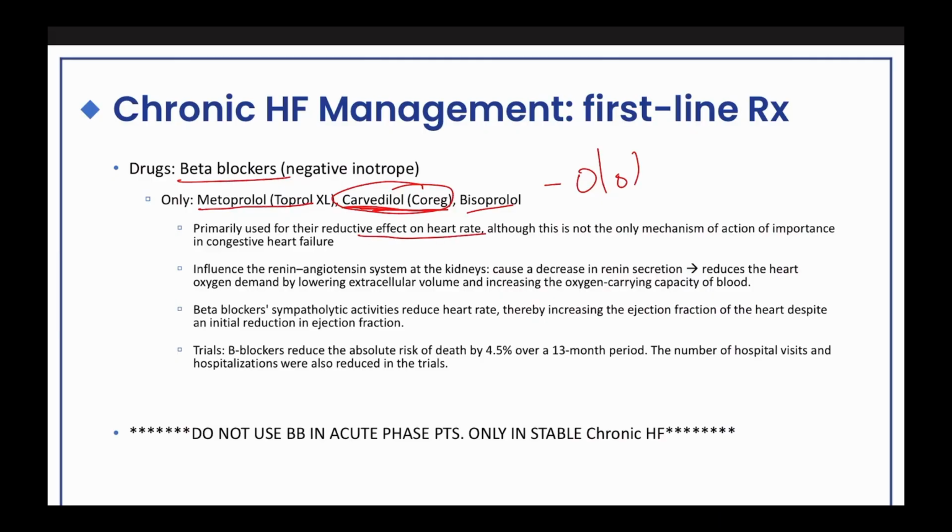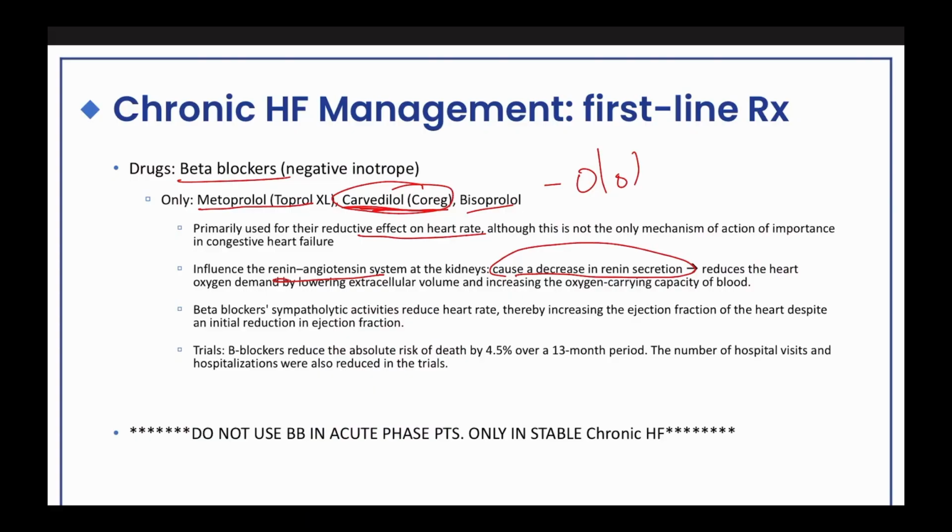Primarily used for reductive effect on heart rate, although, again, this is not the only important mechanism. It influences our RAS system of the kidneys, which causes a decrease in renin secretion. We decrease renin, what hormone is not going to come out at the end? Aldosterone. We don't want aldosterone. So it helps with these patients.